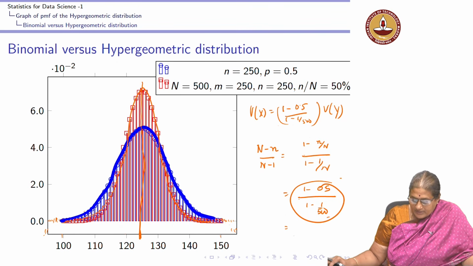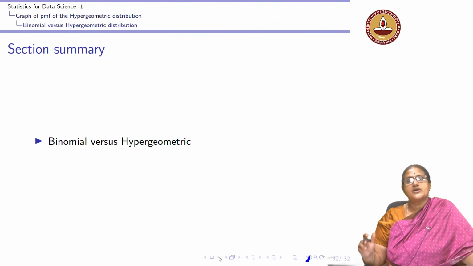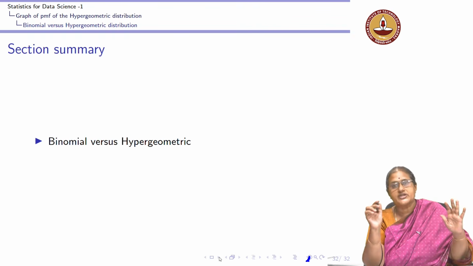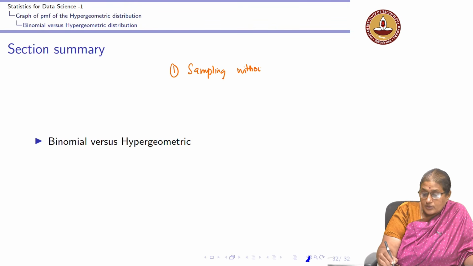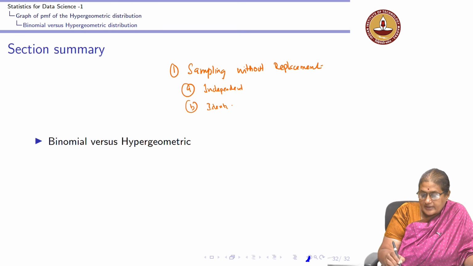So, in summary, what is important when we move from a binomial distribution to a hypergeometric distribution is to first understand we are sampling without replacement. When we are sampling without replacement, we lose independent trials, we lose identical distribution.